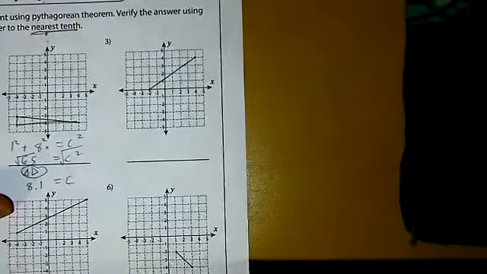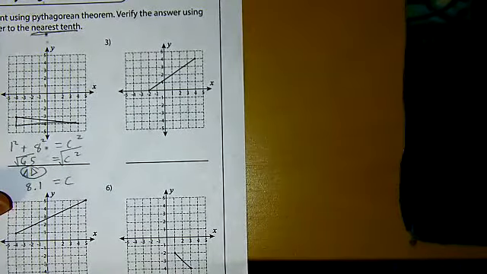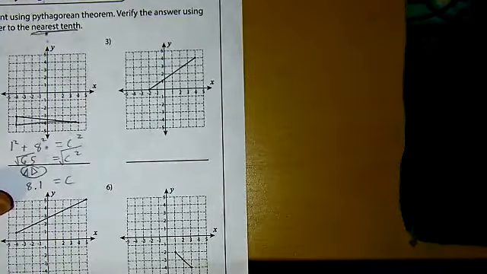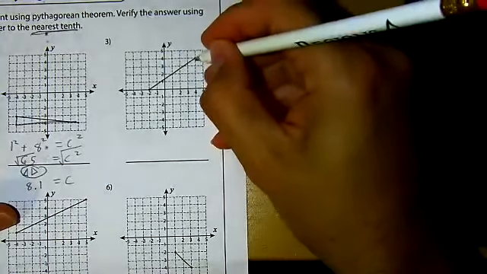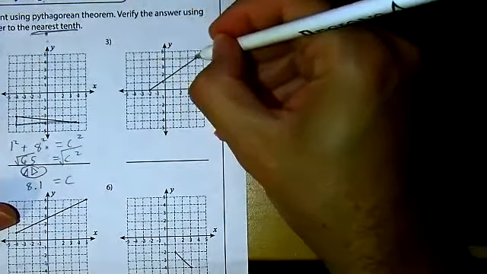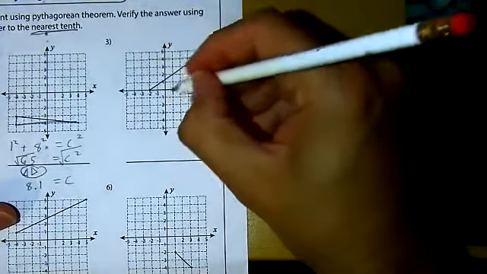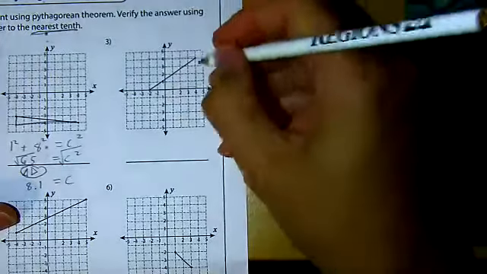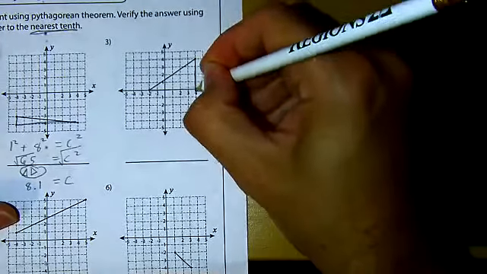Go ahead and pause your video and try to do number 3 on your own. So it doesn't matter what side you go down. If you're drawing your triangles like this, it doesn't matter. If you're drawing your triangles like this, it doesn't matter. You're going to end up with the same answer. I just draw down every time just to keep it easy.